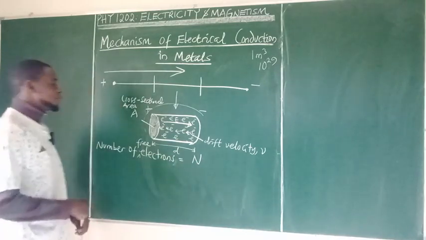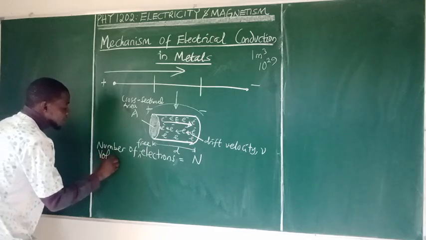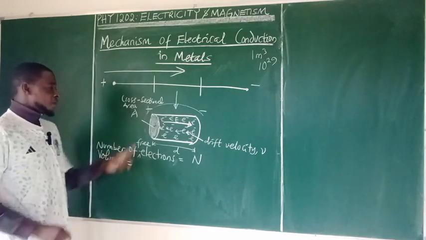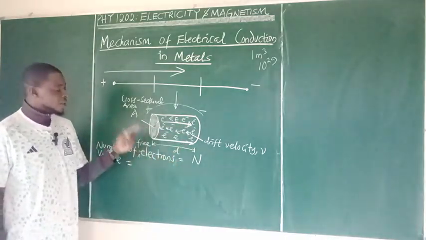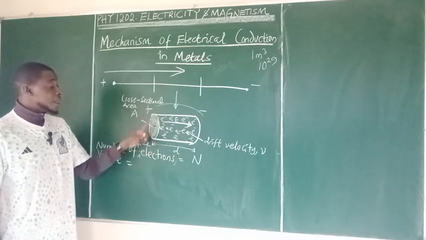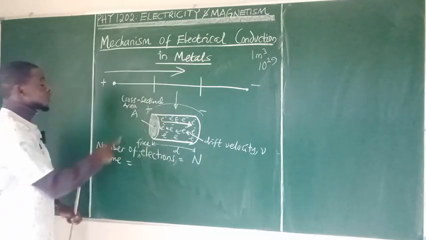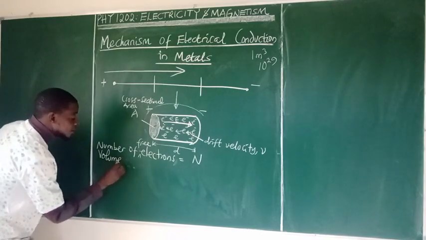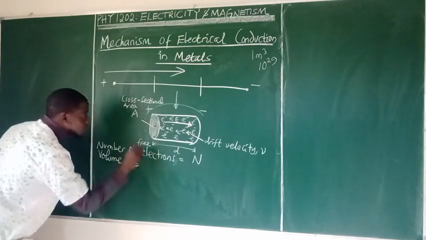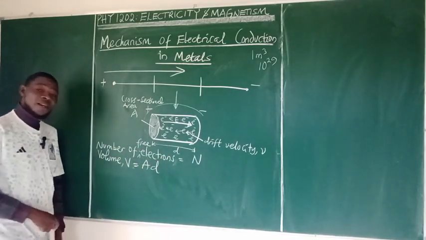Now the volume of the material, we have to get the volume here. This is cylindrical. The volume of a cylinder is cross-sectional area times length. So we are going to multiply A and D to get the volume. So let's say volume, V, equals A multiplied by D. That's our volume.